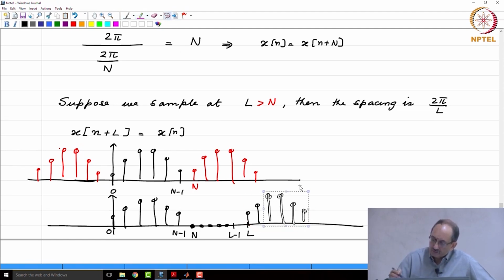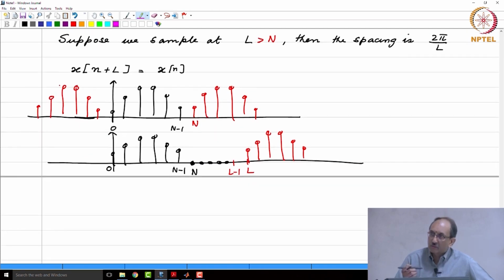So this repetition occurs later, consistent with the fact that you are now sampling it at cap L, right? So the sampling happens in the frequency domain. Does that answer the question?